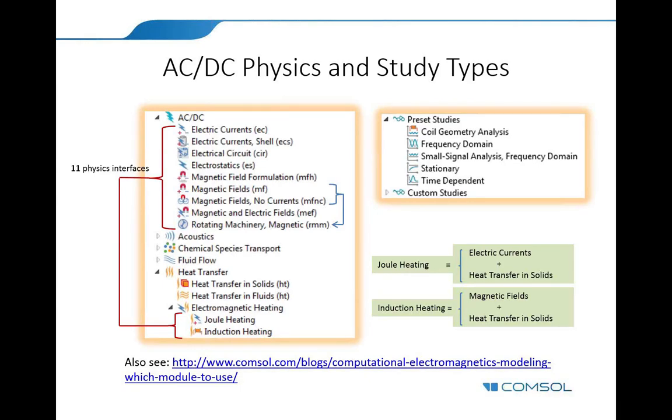And then for modeling magnetics, we have 4 different interfaces here, whereas the Magnetic Fields and Magnetic Fields, No Currents physics are actually combined together in the Rotating Machinery interface to give a specialized interface for modeling this kind of machine. This module supports different types of studies: stationary, time-dependent, and frequency domain, and also some studies like coil geometry analysis and small signal.